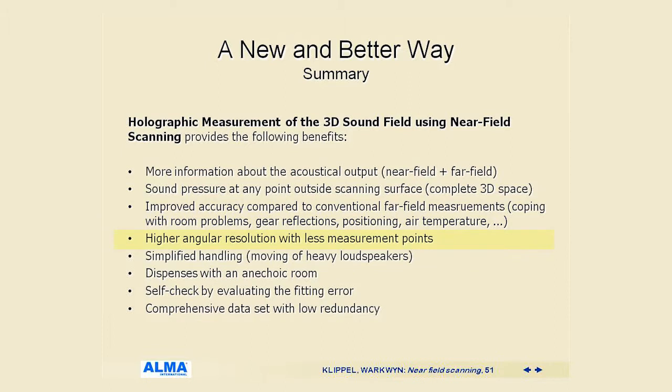High angular resolution with fewer measurement points. Simplified handling, no moving of heavy loudspeakers. Dispenses with an anechoic room. Self-checking by evaluation of the fitting error. Comprehensive data set with low redundancy.